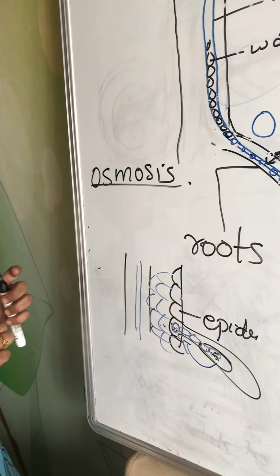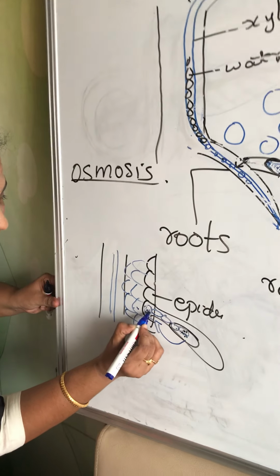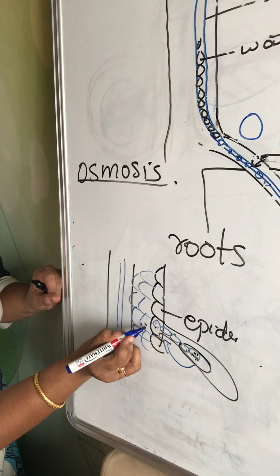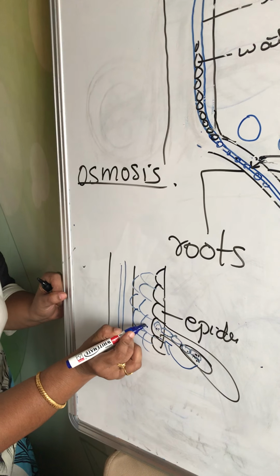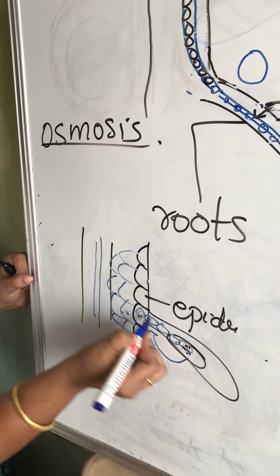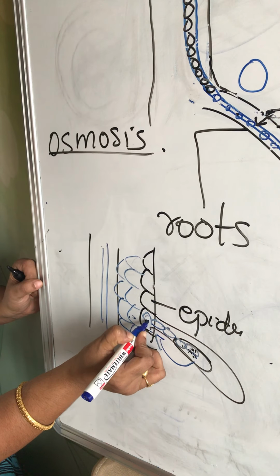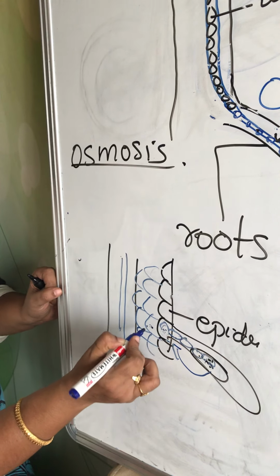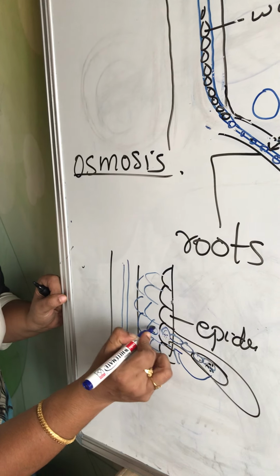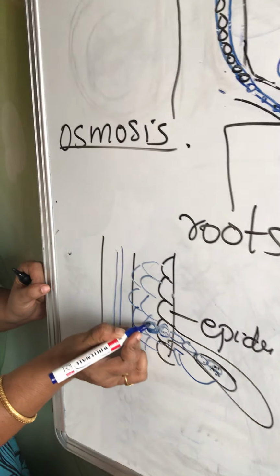As water molecules have entered the epidermal cells, the water in the cytoplasm of the cortical cells is comparatively low, and here it is high. So this water potential is high in the epidermal cells, low in the cortical cells. So the water molecule will move further from the epidermal cells into the cortical cells.